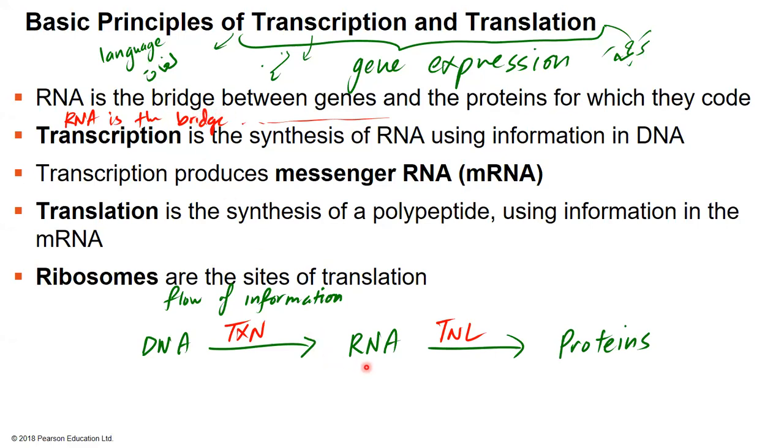Because here, in linguistic terms, we have two types of languages, let's say. We have proteins, which is written, which could be considered a language, written in the letters of, let's say, amino acids. So we have, let's say, 20 amino acids.